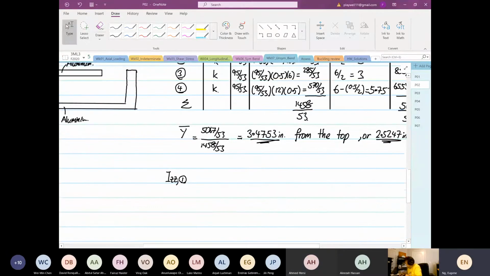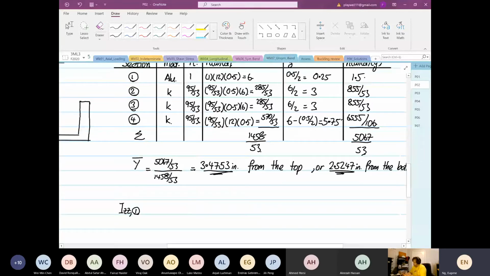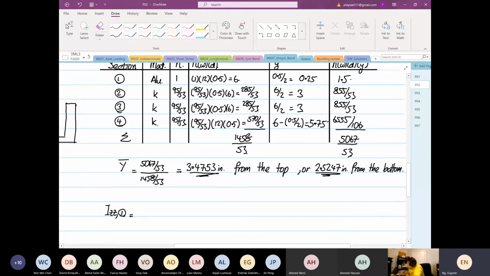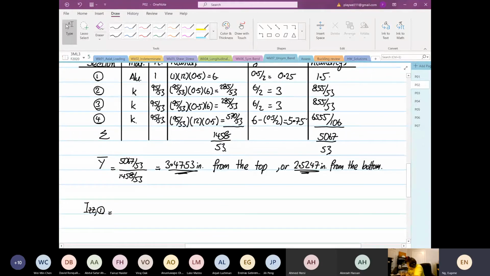So from here, the thing about this is once you have your table sorted out, everything is straightforward already. I'm not even looking at geometry now. I'm not looking at the shape. I'm just looking at my table now.